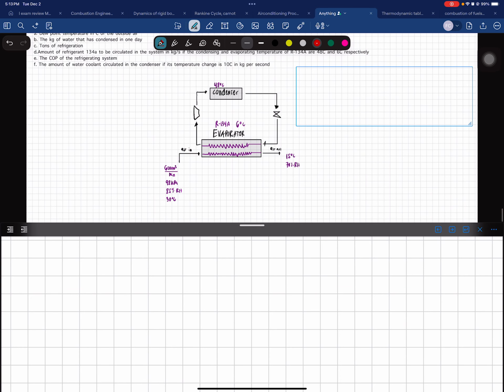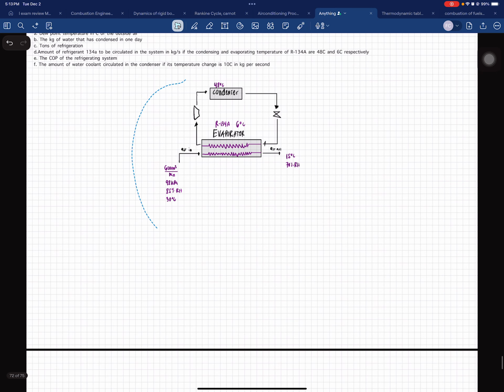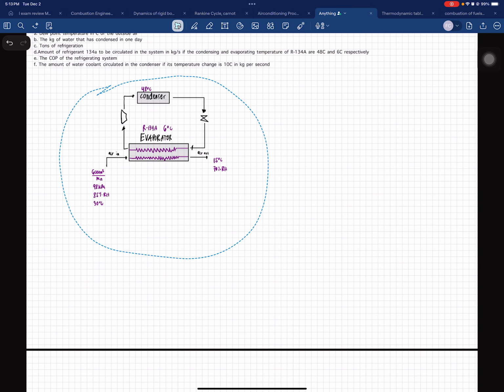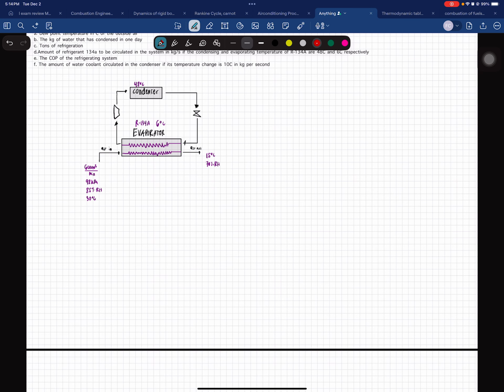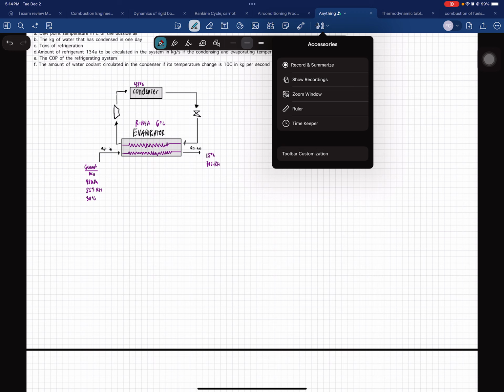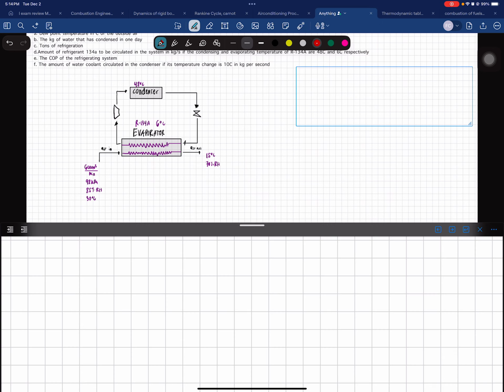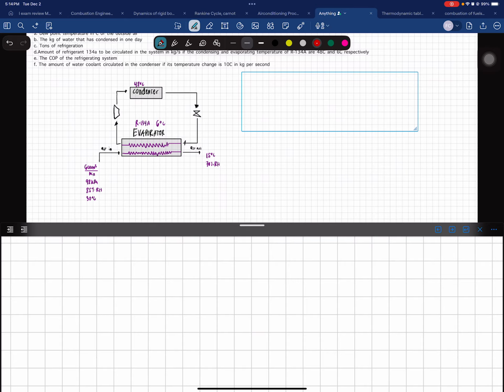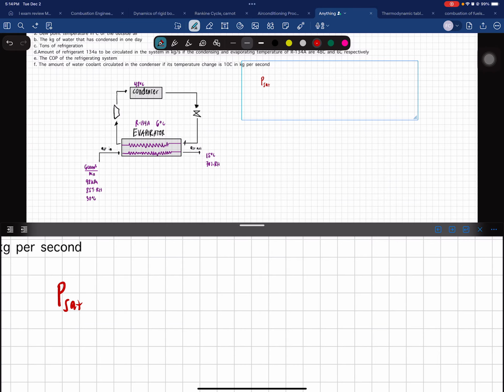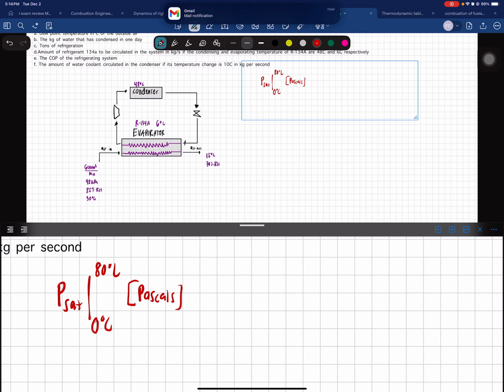First, we'll introduce the saturated pressure equation coming from Perry's Chemical Engineering Handbook. So our first equation is to solve the saturated pressure, with limits of 0 degrees Celsius to 80 degrees Celsius. Unit will be in pascals, and the equation is here.